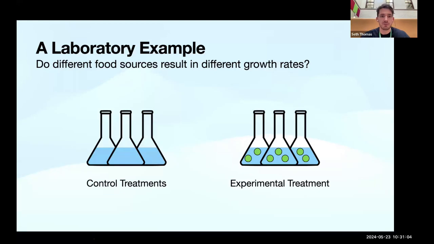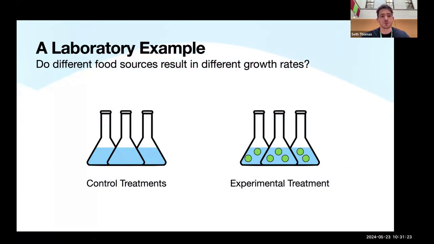Now, what I would do is make sure that everything that I could possibly control was controlled for, and the only difference between these two treatments is the type of food source in the experimental treatment versus the control treatment.